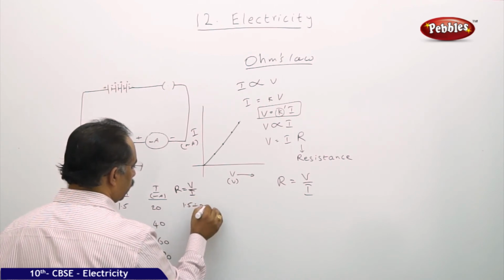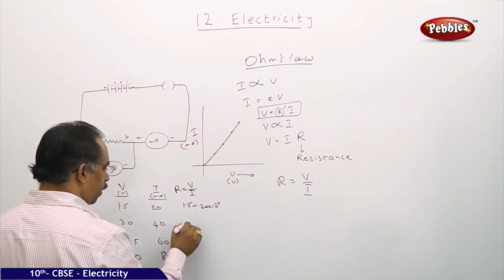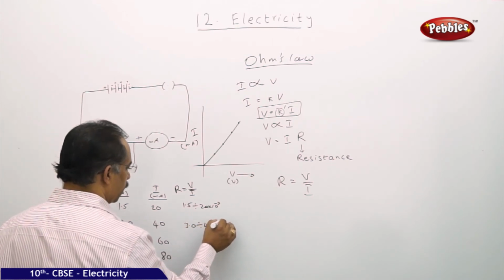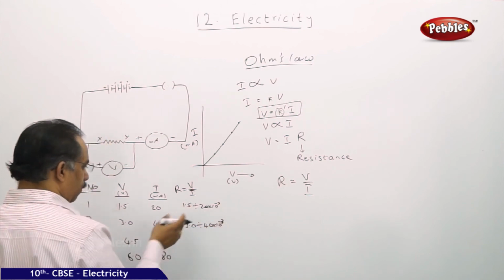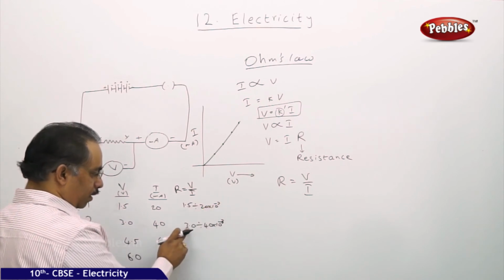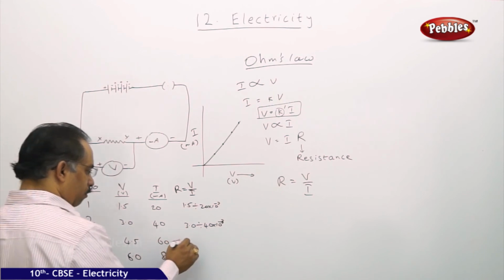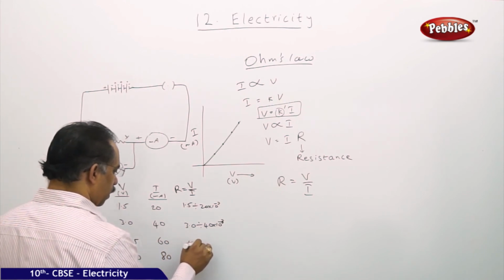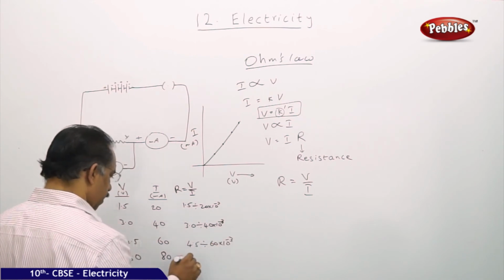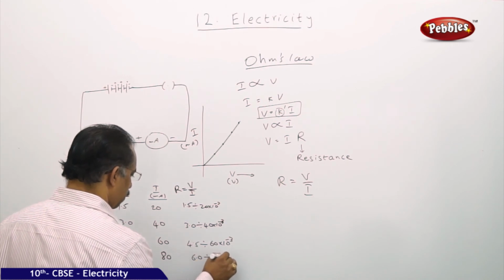So I will take 20 into 10 power minus 3. Here it is 3.0 divided by 40 into 10 power minus 3. So the ratio will be the same. It is 1.5 by 20 into 10 power minus 3, or 3 by 4 into 10 power minus 3, whatever it is. Here it will be 4.5 divided by 60 into 10 power minus 3, or 6.0 divided by 80 into 10 power minus 3.